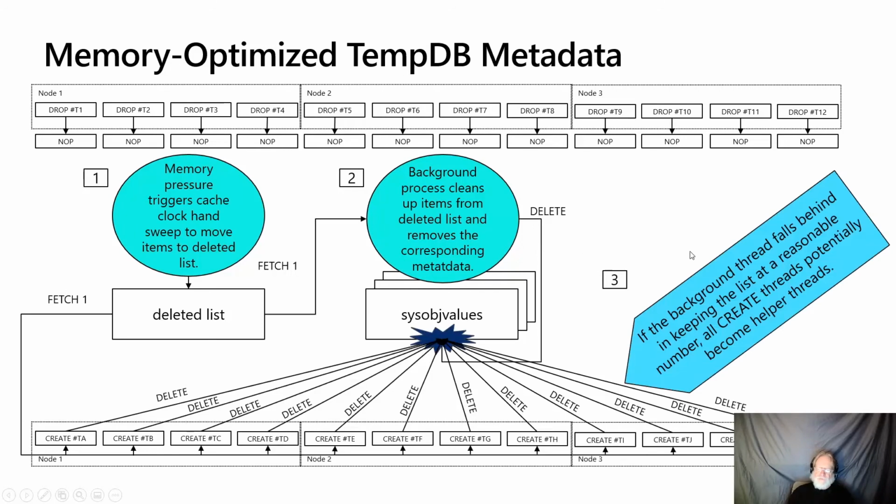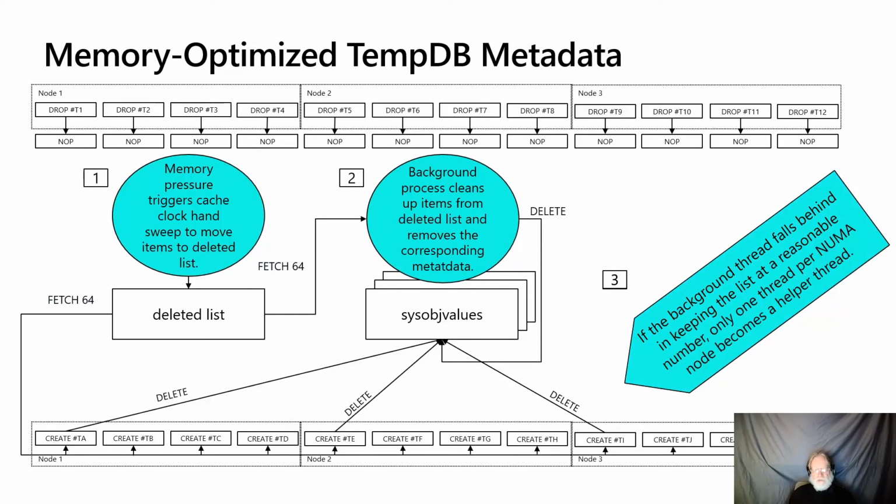If the background thread falls behind in keeping the list at a reasonable number, all create threads get co-opted to become helper threads in keeping this under control. And you have all these threads doing deletion and cleanup across all the different NUMA nodes, conflicting, and everything just comes to a screeching halt.